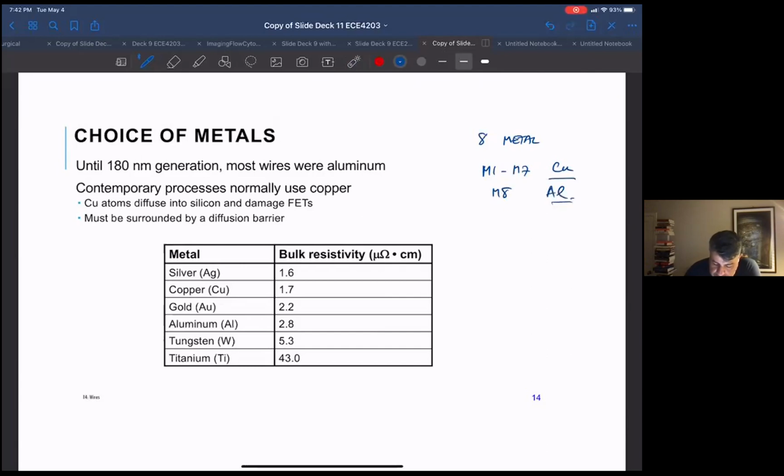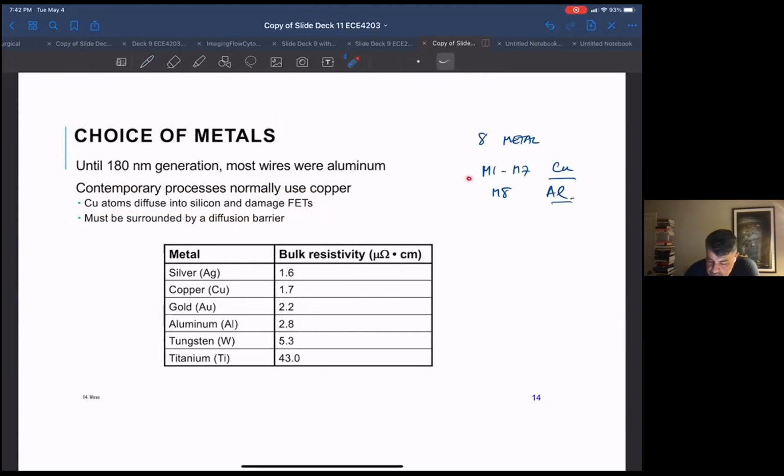The reason for that is that copper tends to be corrosive to silicon dioxide. Copper diffuses into oxide, so nobody wants bare copper in your silicon processing equipment.